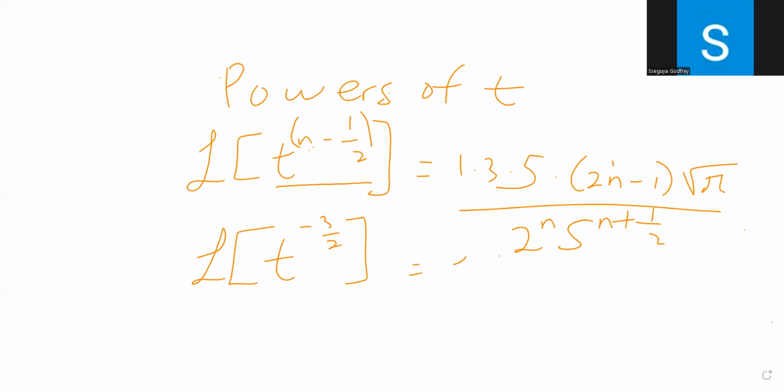And we know that this is the same as L{t^(-2 + 1/2)}, or it will be negative 1 minus a half, because this one gives negative 3 over 2.